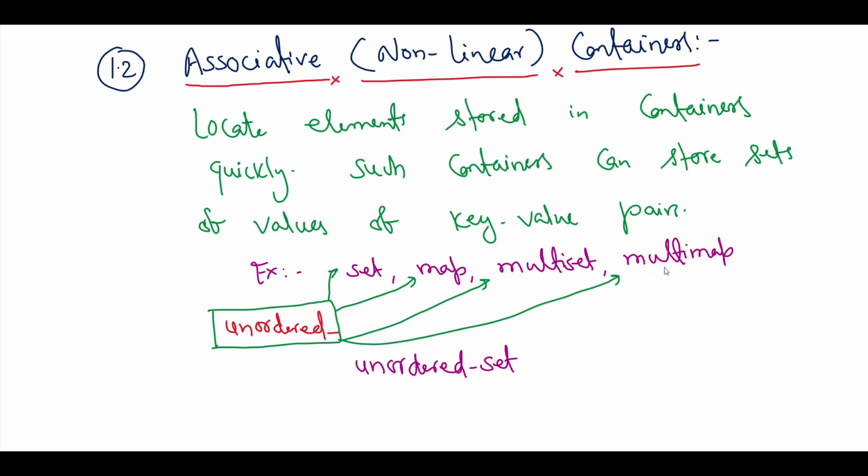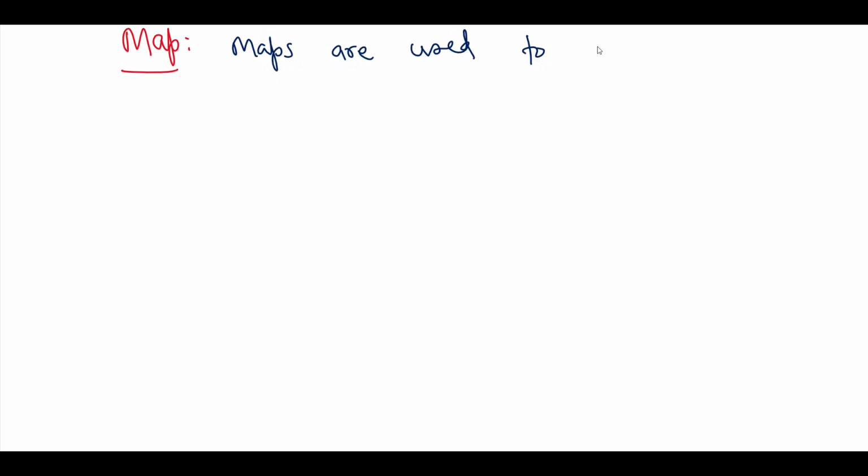So let's discuss the map first, and then we can discuss some of the other things. Maps are used to replicate associative arrays. Maps contain sorted key value pairs, something like this.